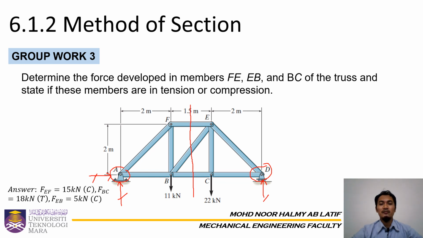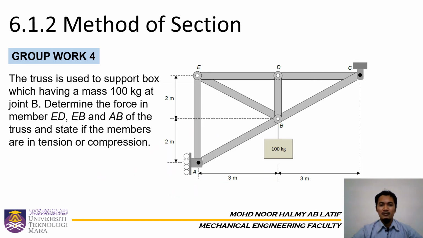You're going to solve the problem. Here is another group work that you can try on your own. So with this group work, hopefully it will help you understand better and practice the step that you have learned in solving truss problem by using method of section.